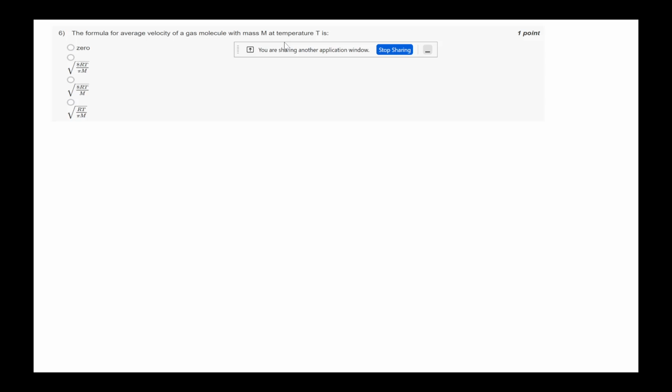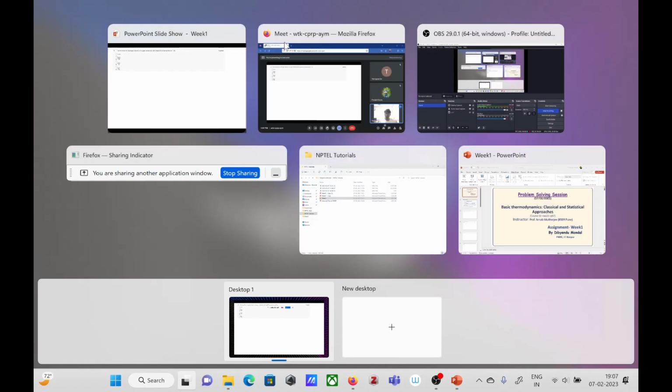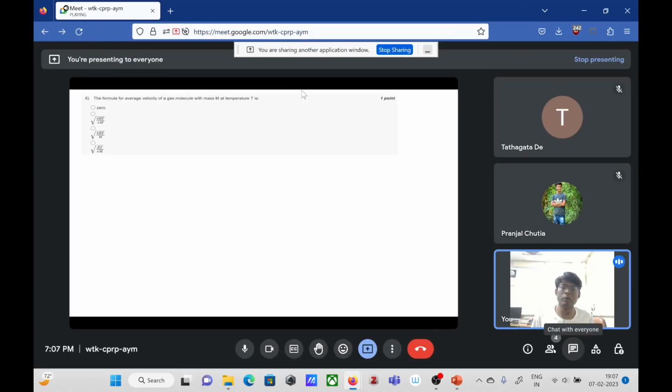Okay, but what do you mean here, velocity means velocity, or velocity means some other thing? Velocity means velocity, right? It has direction and all those things, right? So here you are talking about velocity, which has direction also, right?